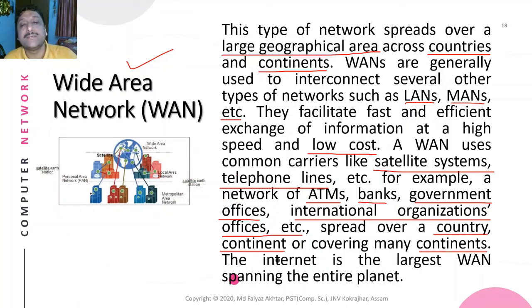These are examples of wide area network, and the most suitable example for wide area network is the internet. Internet is the largest WAN spanning the entire planet. The whole globe is used to establish the network of the internet, and that is a wide area network.